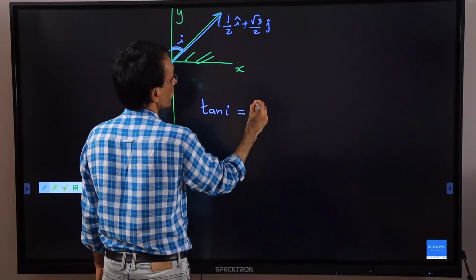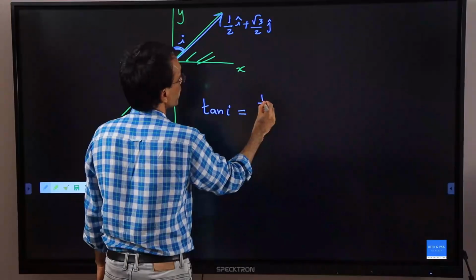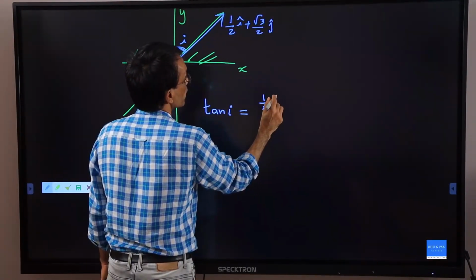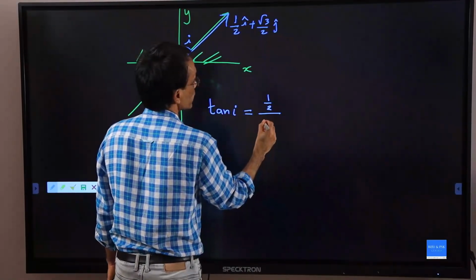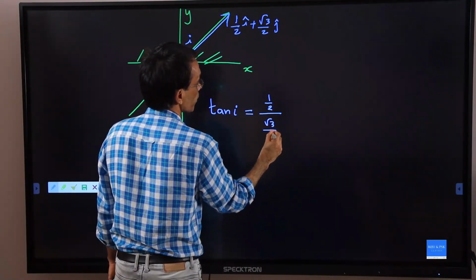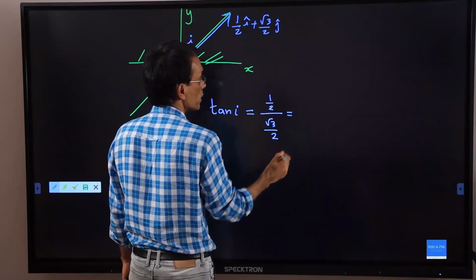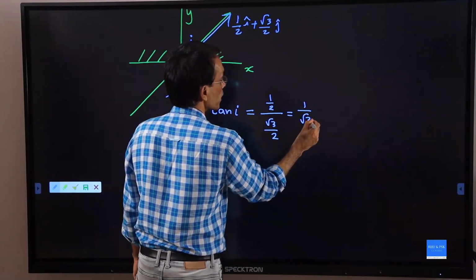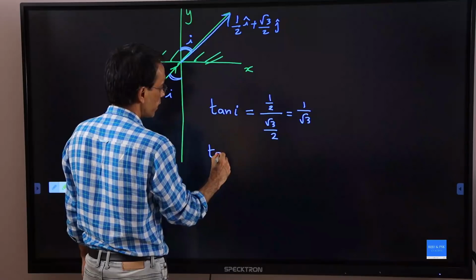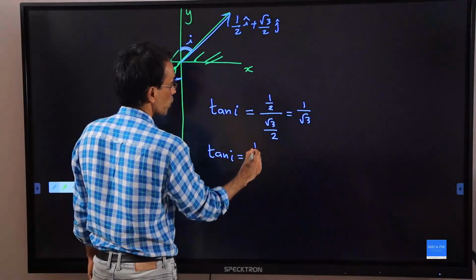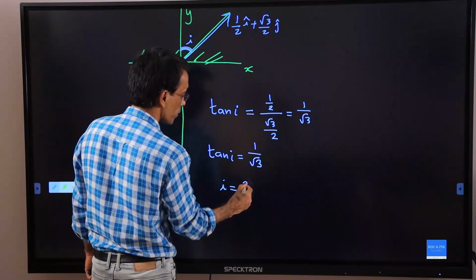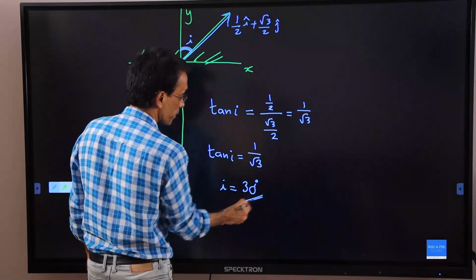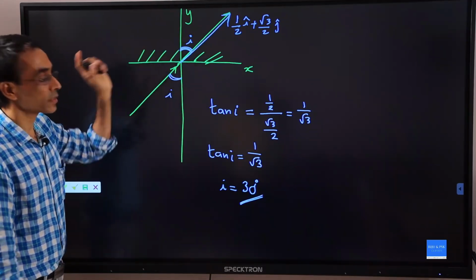The x component is half, and the y component is root 3 by 2. So this gives you 1 by root 3. So tan i is equal to 1 by root 3, which tells you that i is 30 degrees. So the angle of incidence is 30 degrees.